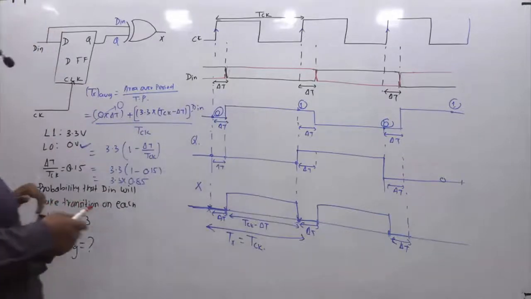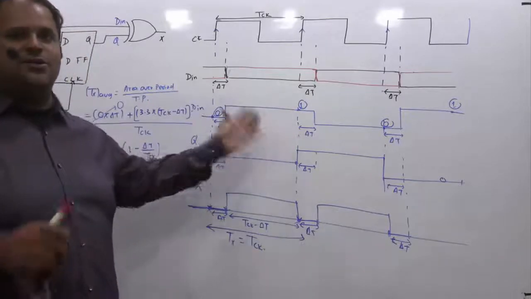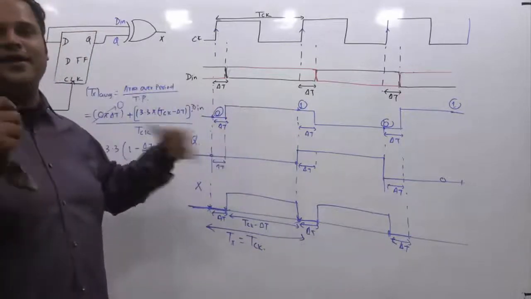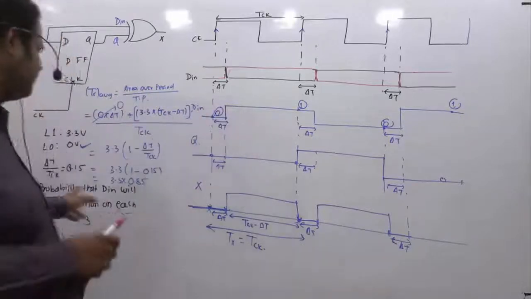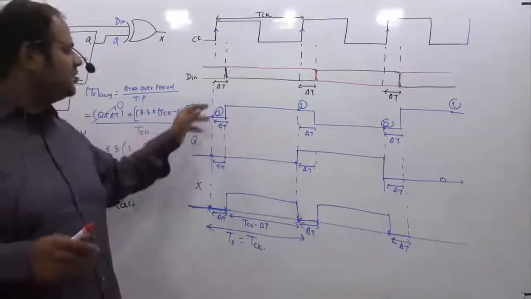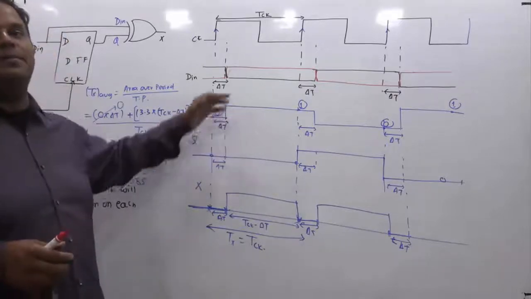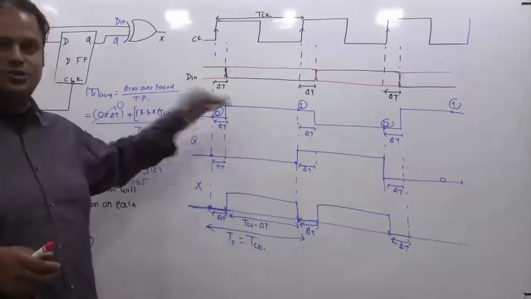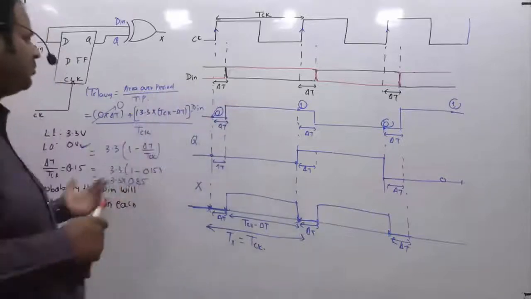In the question they say that the probability of this happening is 0.3. So if you try 10 trials, in 3 trials it will satisfy this kind of case. That's what it means. Because this is a probability, it is not 100% always true the way I did it. The probability given is 0.3.